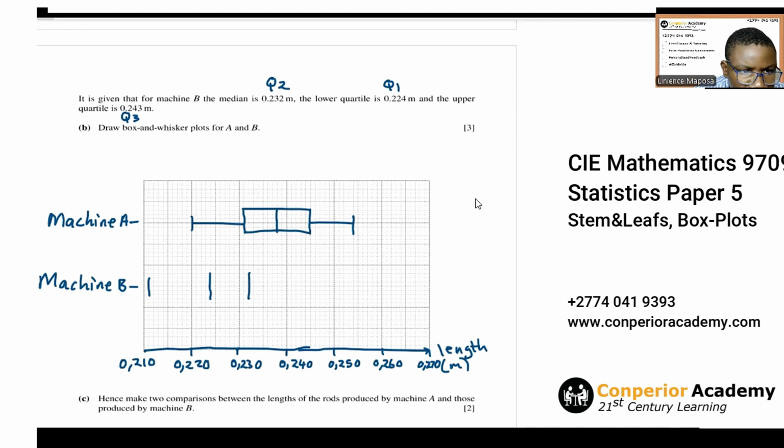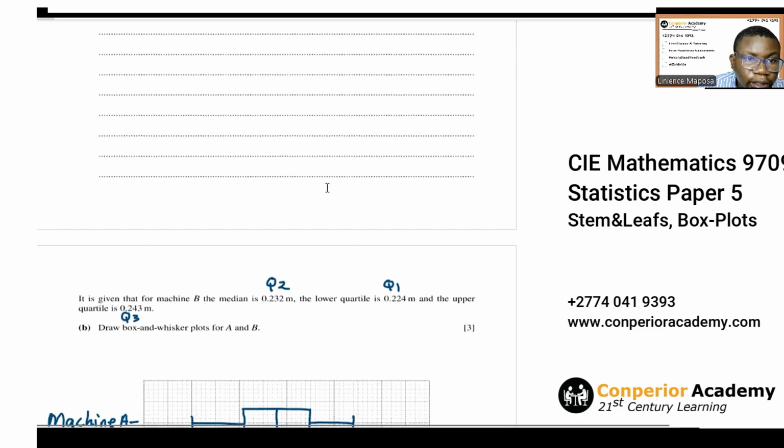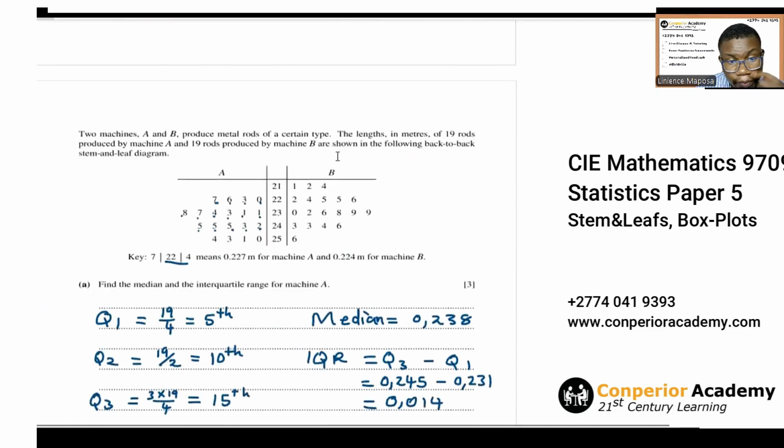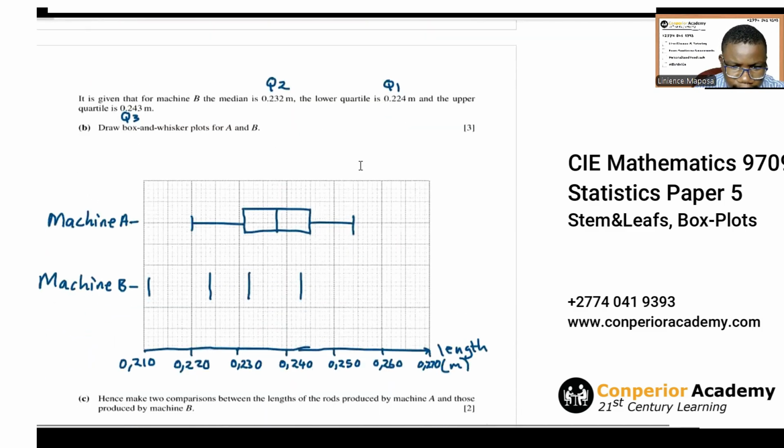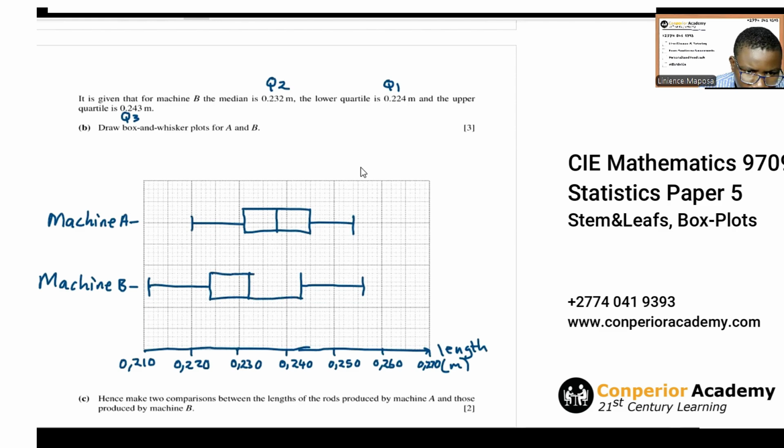Then I need my Q3, which is 0.243. 0.243 is here. Then Q4 you get from the stem and leaf, that will be 0.256, which will be right here. And then once again, connect Q3 and Q4, connect Q0 and Q1, and then just draw a box. Okay, so we are done.